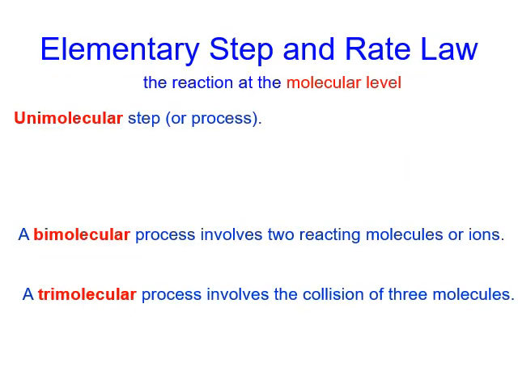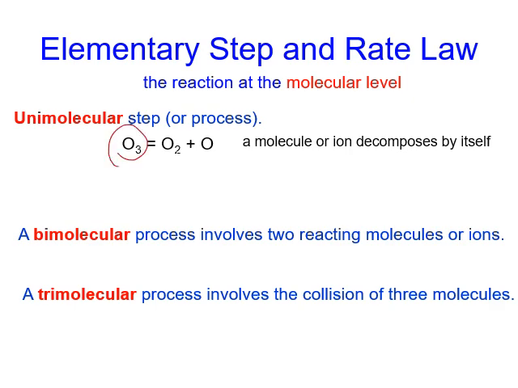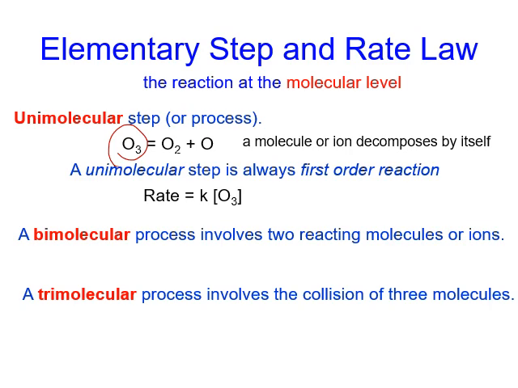Since elementary steps happen at the molecular level, we can write rate laws based on elementary steps. If an elementary step involves only one reactant, for this one, ozone is one reactant, the reaction is called a unimolecular step, and the reaction should be first order.